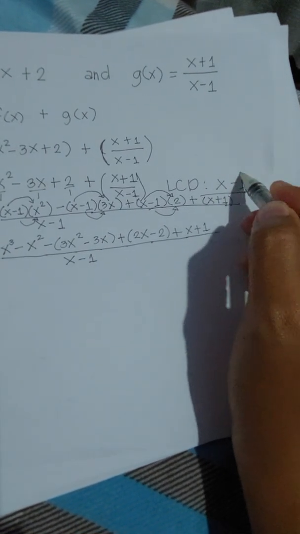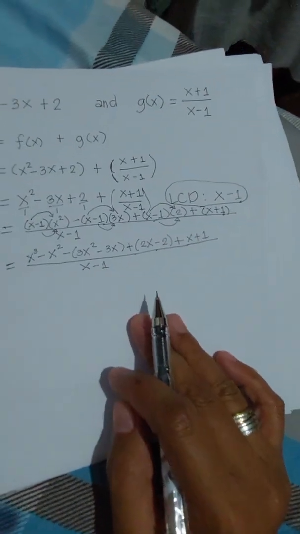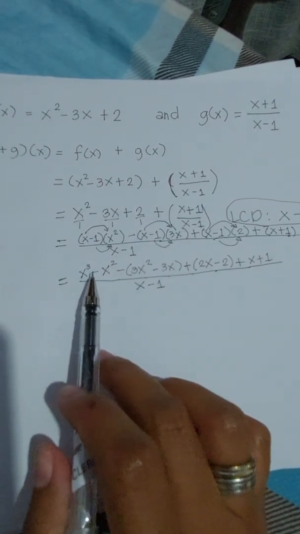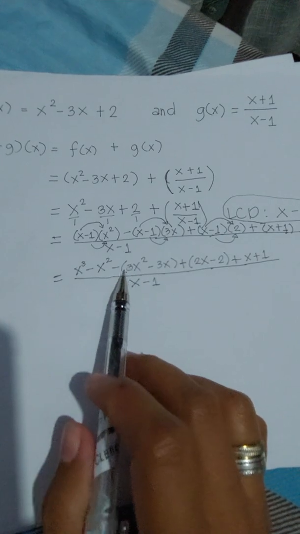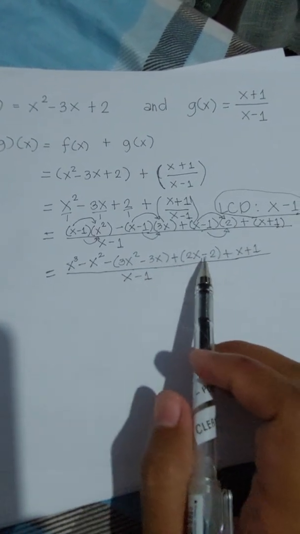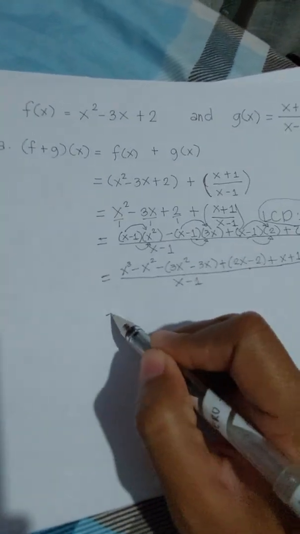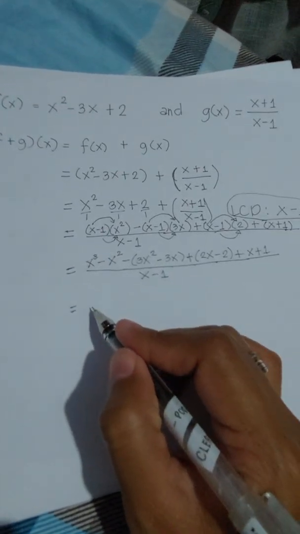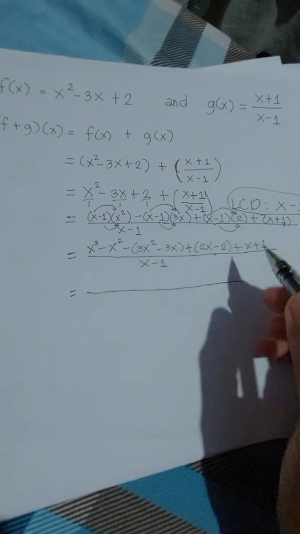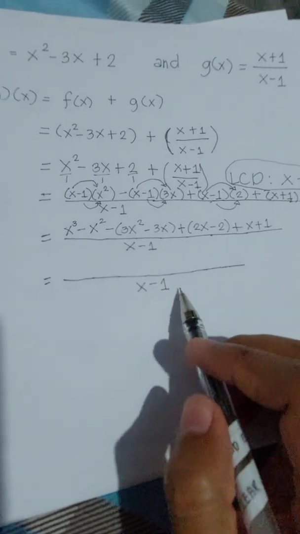Okay. This is the LCD from earlier. So you won't get confused, you have here x cubed minus x squared minus open parenthesis 3x squared minus 3x plus 2x minus 2 plus x plus 1. We can't combine yet because there are still parentheses. So, what will happen? Copy the denominator x minus 1.